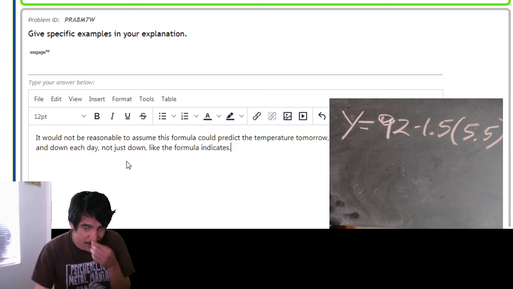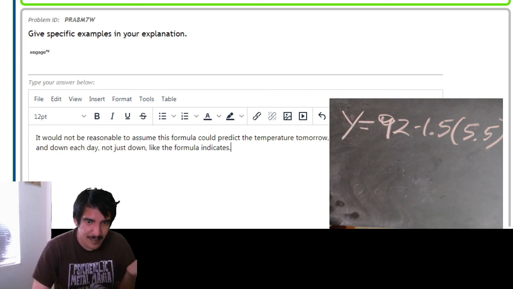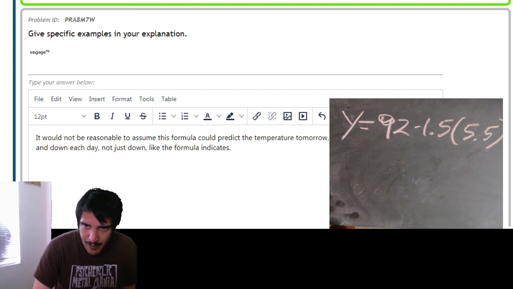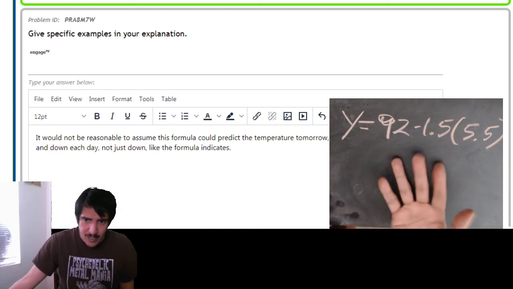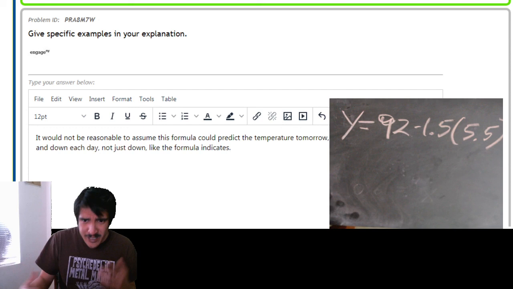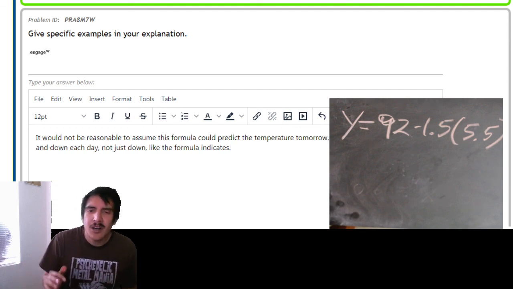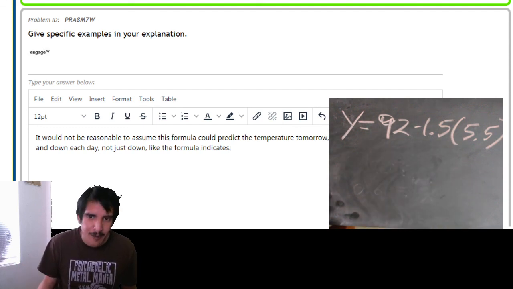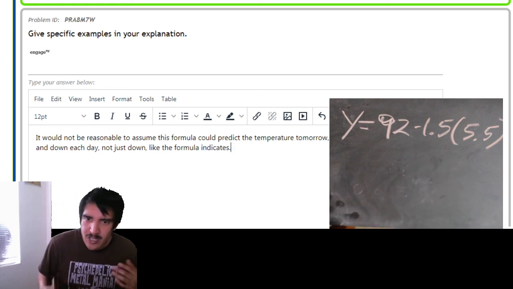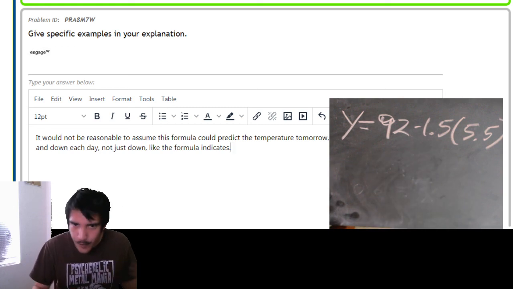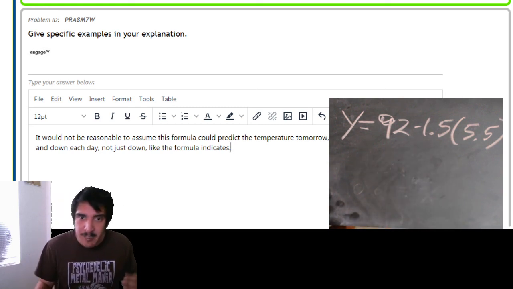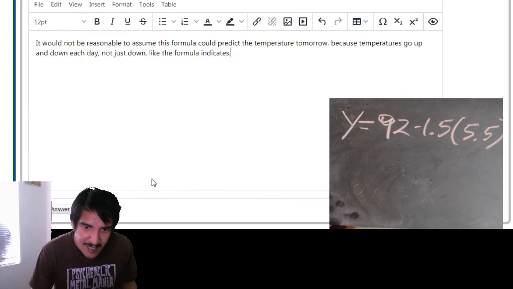That's one example. In this formula, the temperature is going down each hour by 1.5 degrees, but that's not how real life works. So formulas can help us predict real life situations only sometimes. They only have limited power. A linear equation is not going to help us predict the future of temperatures, but it might help us predict how the temperature might work during that same day.